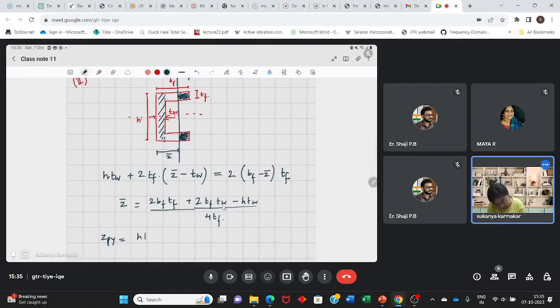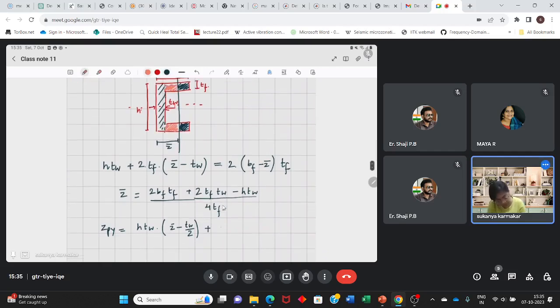So h into tw is the area, and what will be its distance from the equal area axis? Z bar minus tw by 2. This is straightforward. Then for this rectangle and this rectangle, it will be first 2, because there are two rectangles.